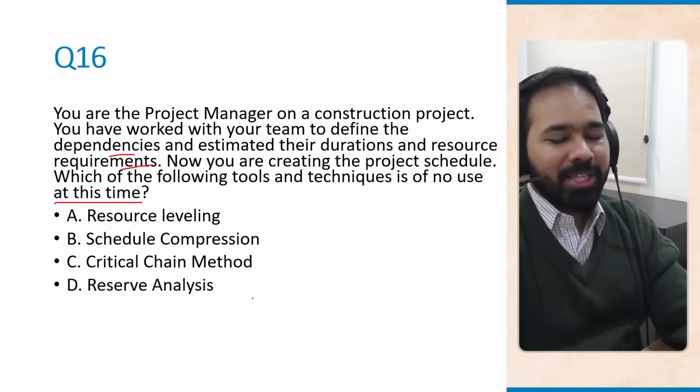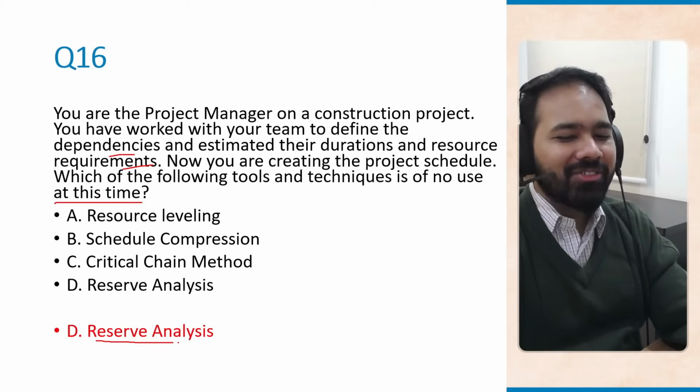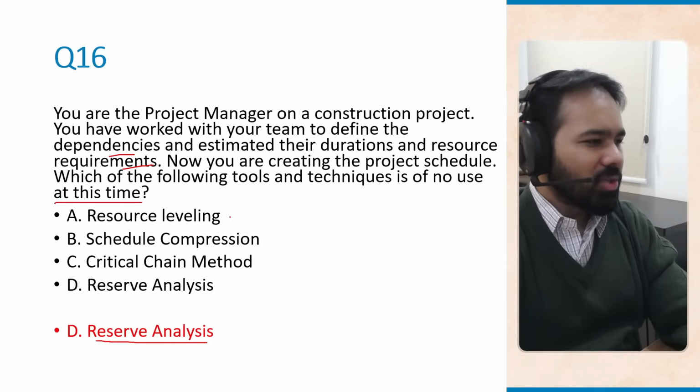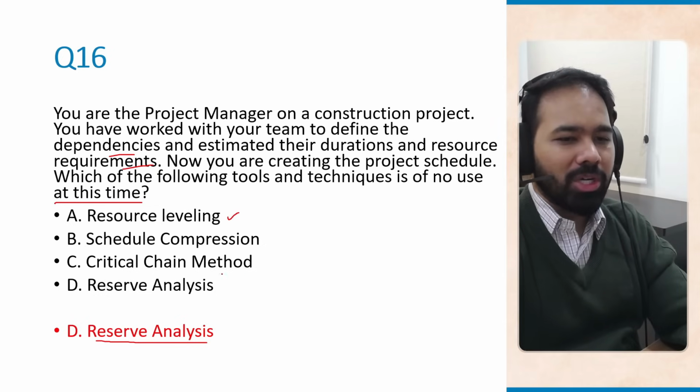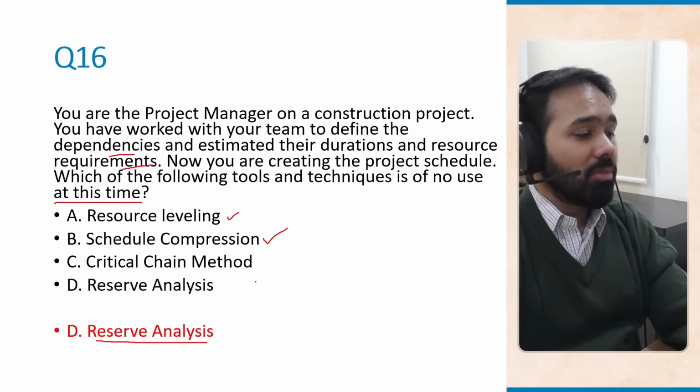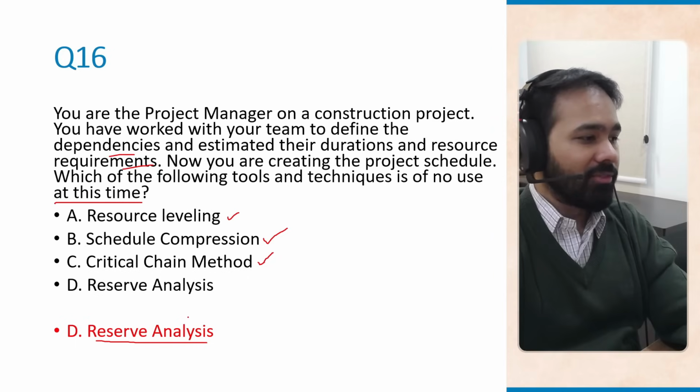What do you think? The correct answer here is reserve analysis. This is of no use. Resource leveling is all about balancing resources across the tasks. Schedule compression is what we talked about previously, right? Fast tracking and crashing the schedule are used to compress the schedule. Critical chain method is all about adjusting the schedule for any resource constraints that you may have.